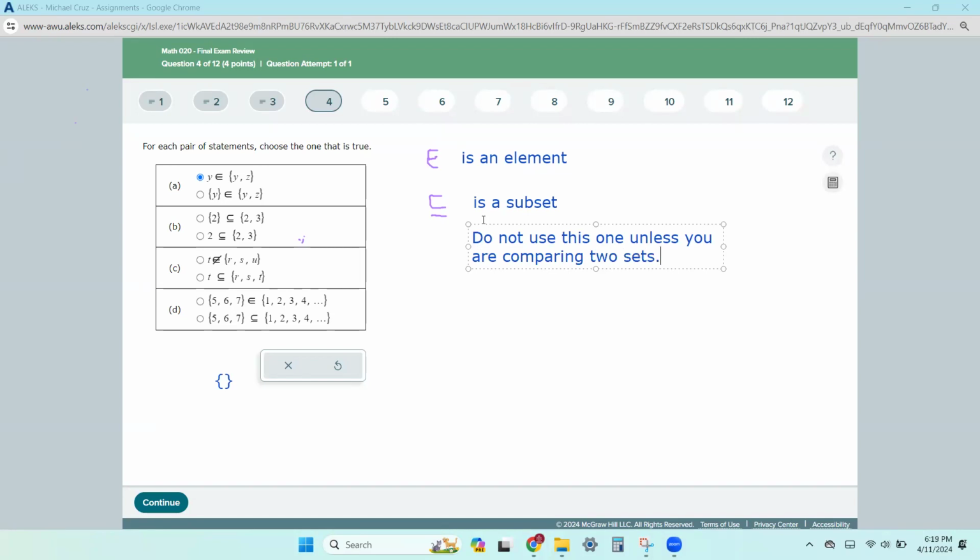You have to have 2 sets. This one right here, use with the naked element.